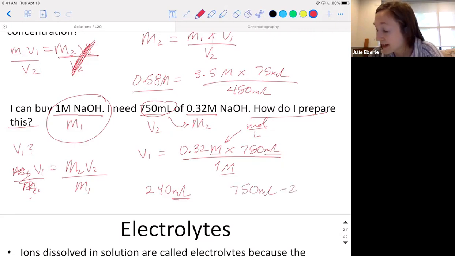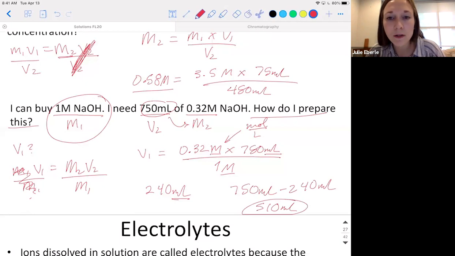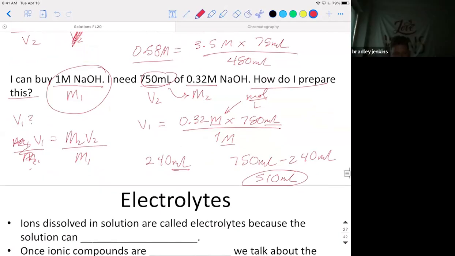I initially have 240 milliliters, so 750 minus 240 is 510 milliliters. You take 240 milliliters of your 1 molar NaOH and add 510 milliliters of solvent to dilute it to 750 milliliters. Either answer would be okay.